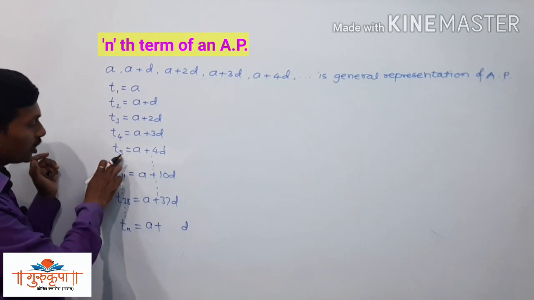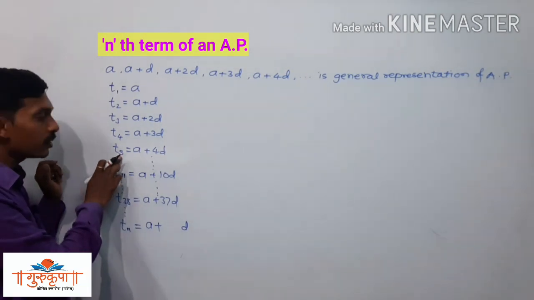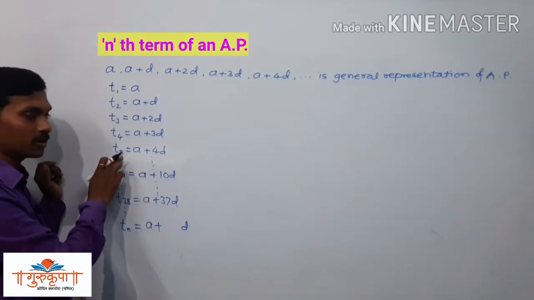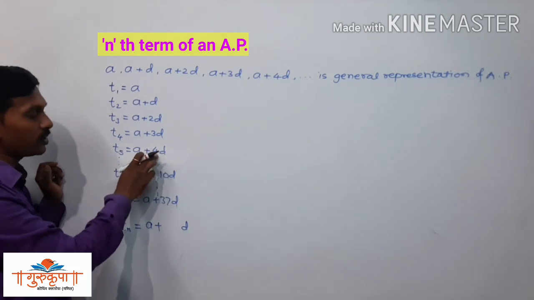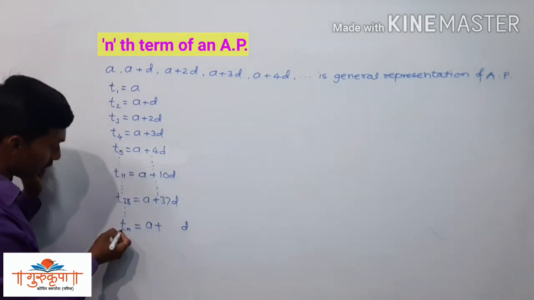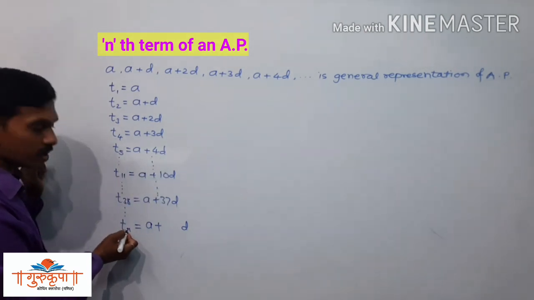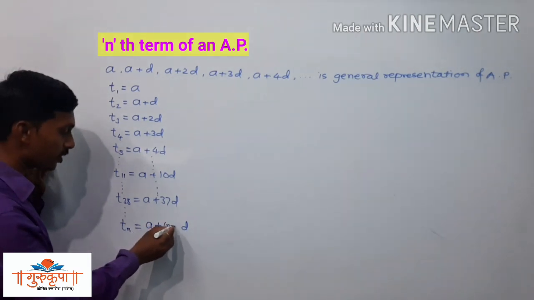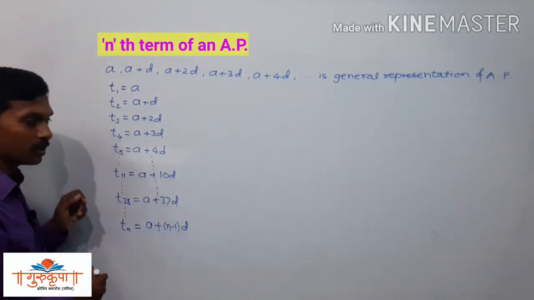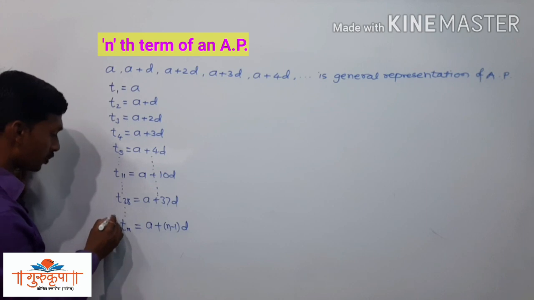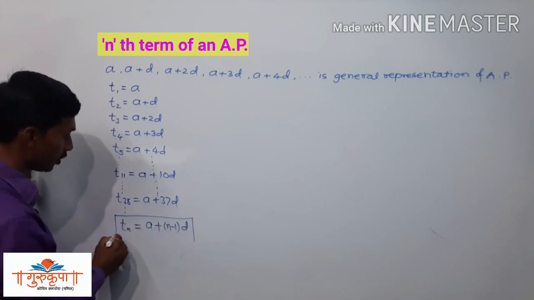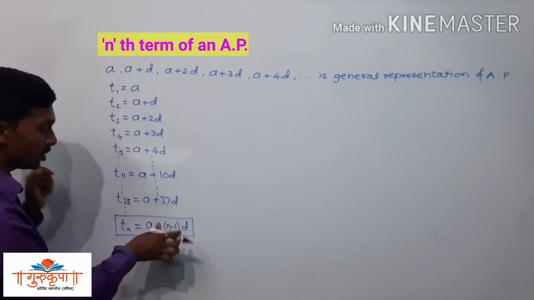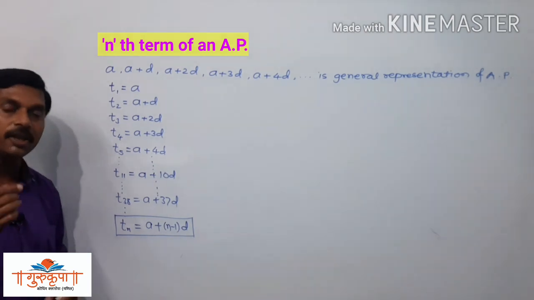Whatever the number of the term here, the coefficient of d is 1 less than this number. So here we have Tn, the number of term is n. So here we have to write n minus 1 into d. So this is the formula for finding the general term of an AP: Tn is equal to a plus (n minus 1) d. Using this formula you can find any term of that AP.